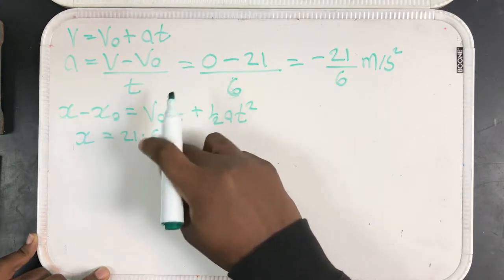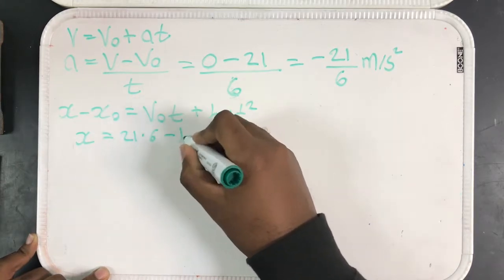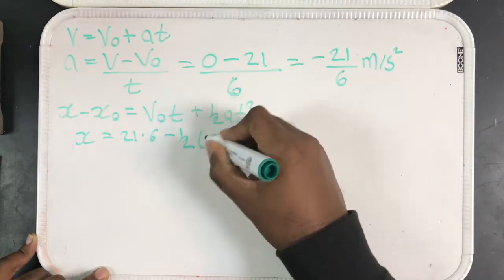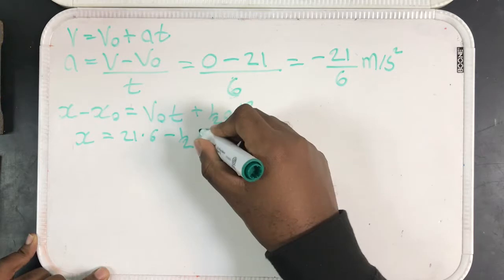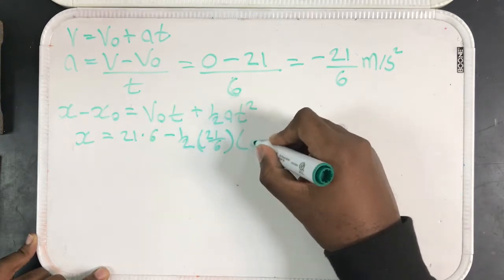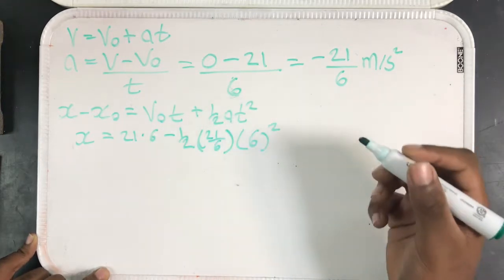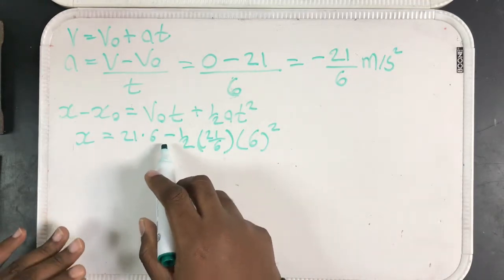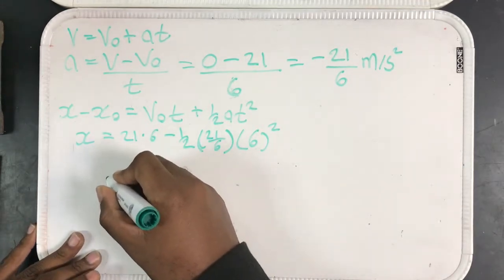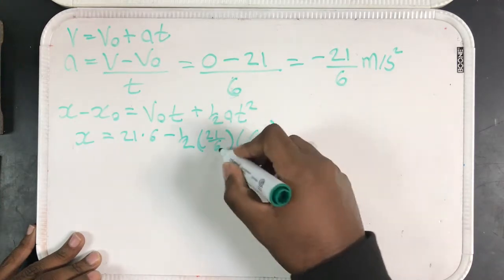It's actually negative 1/2 times 21 over 6 times 6 squared. Now this is negative because I just took this negative out of this bracket and I moved it to the front. And let's start simplifying some things.